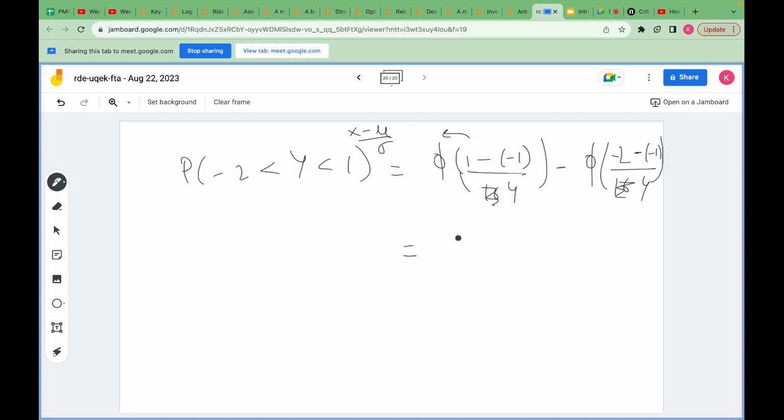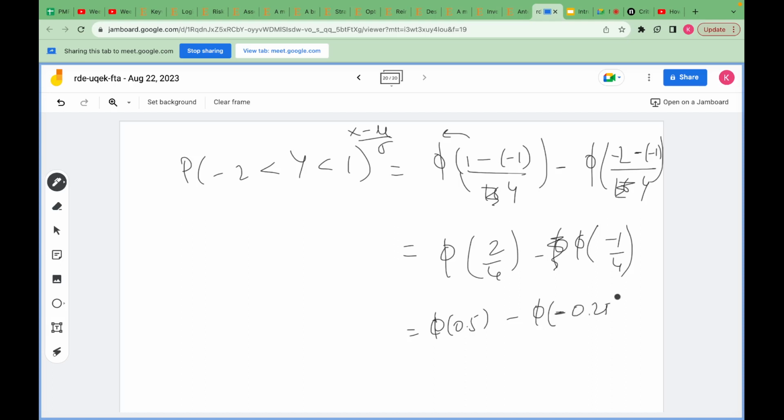So this will be psi of 2 by 4 minus psi of minus 1 by 4, which is psi of 0.5 minus psi of minus 0.25.